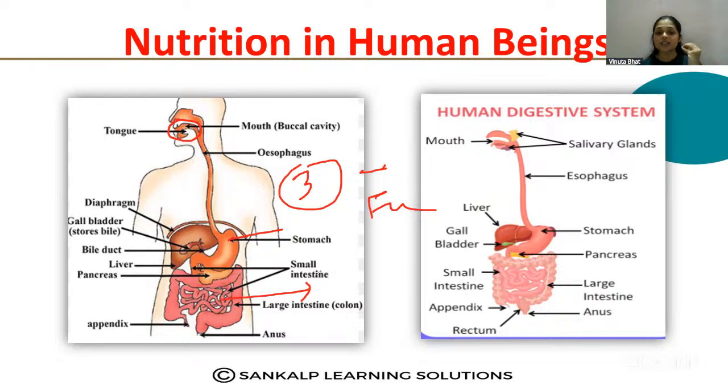Explain the digestion in the small intestine, explain the digestion in the stomach. This is a very common question that has been asked in many question papers. You can see these questions repeatedly. Very very important. Okay, I hope you understood all these points.